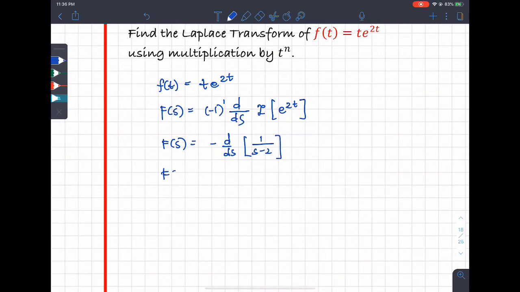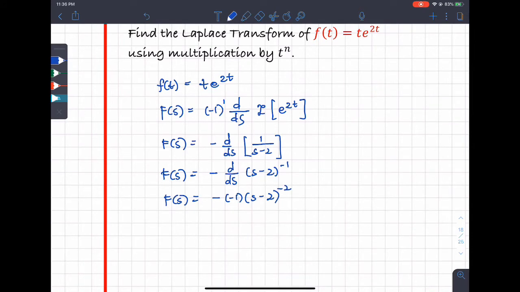So F of s would be equal to negative the derivative of this. We could change this into s minus 2 raised to negative 1. So F of s would be negative, negative 1 times s minus 2 raised to negative 2. The derivative of s would be 1.